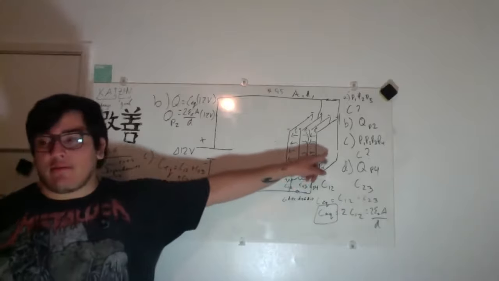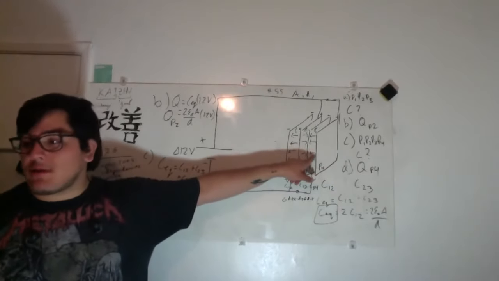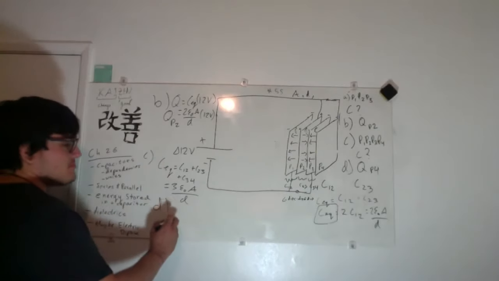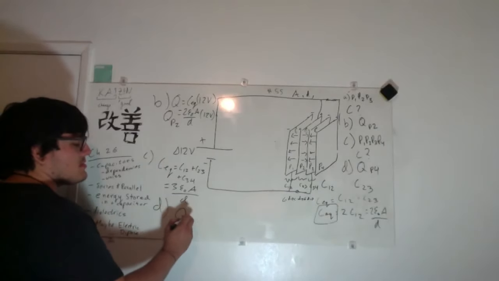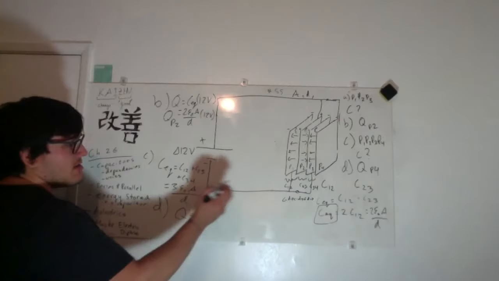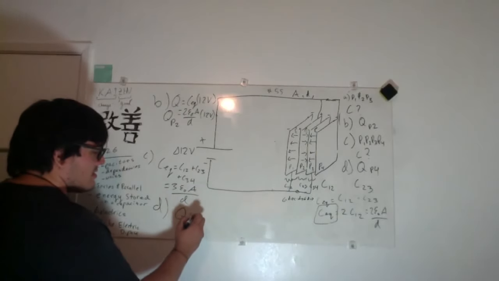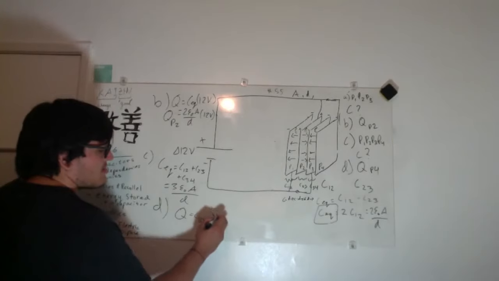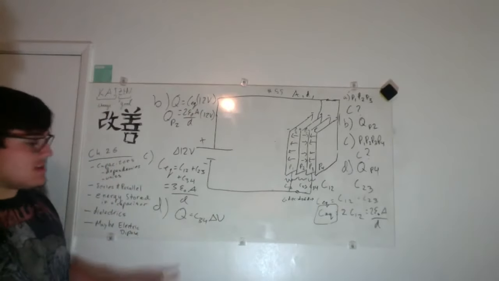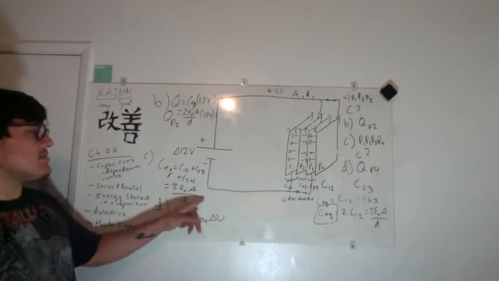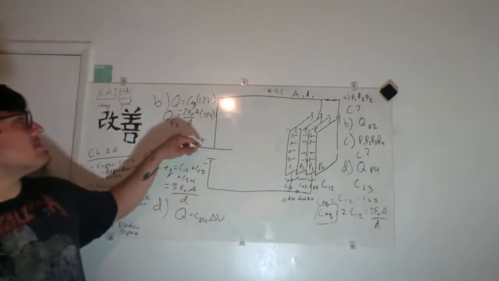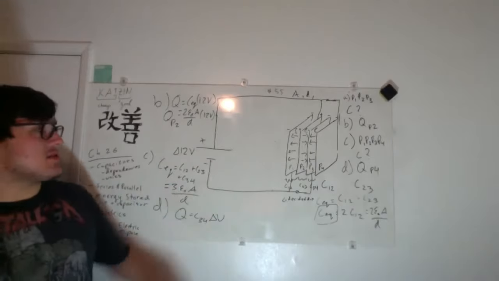But plate 4 only produces 1 electric field, so Q is equal to C34 times delta V. It's not going to be the combination of them like we did on part B. Part B was the combination.